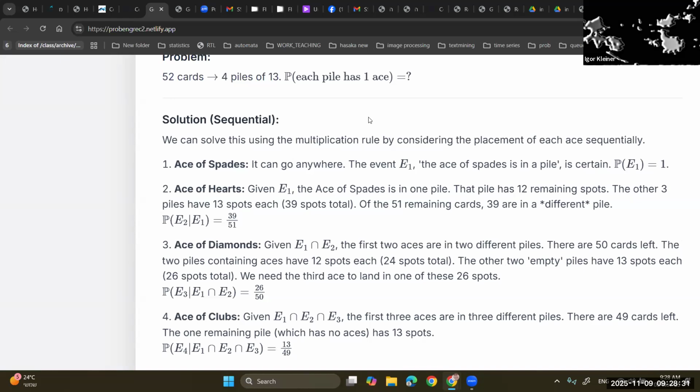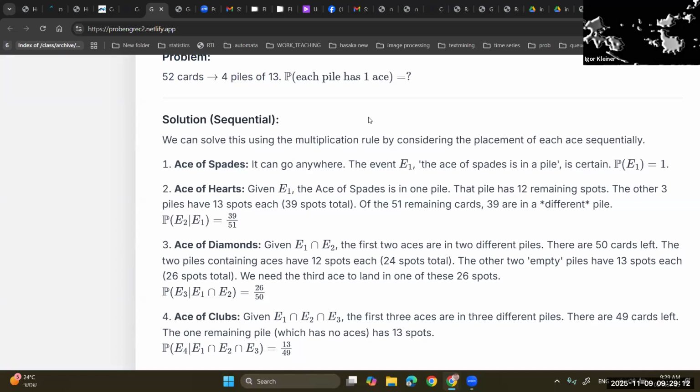What is the probability that the ace of hearts will not be here? It can be here, this, or here. What is the probability of E2 given E1? We need to find it. The second ace must be here, or here, or here, but not in the same pile. How many possible places? It's not 20, it's 39, yes.